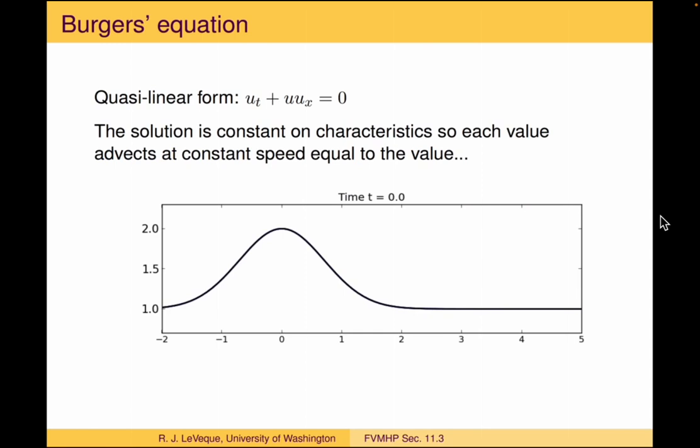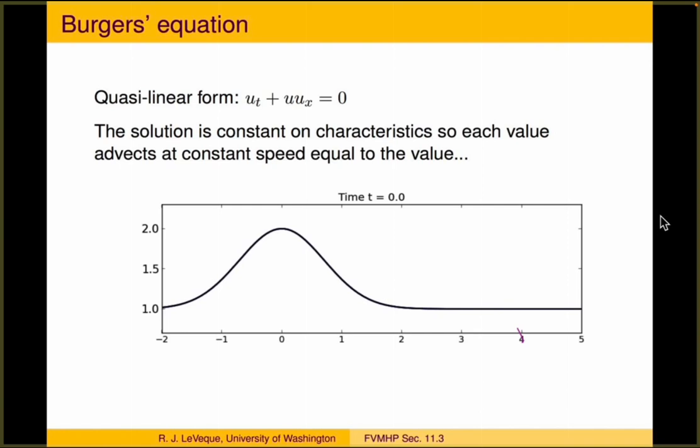So if we look at it in this form, and suppose this is our initial data, then each value of u that we have here, u starts at 1 and goes up to a value 2 and back down again. If we start at some particular point here, for example, then the slope would be 1 of this characteristic curve, whereas if we start here, the slope would be 2, and the value would be constant equal to 2 along that characteristic curve.